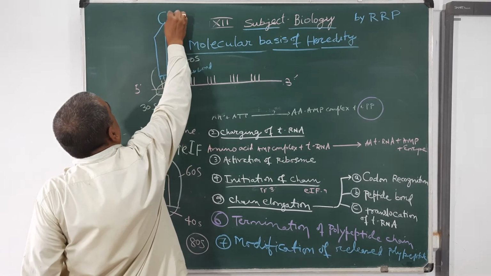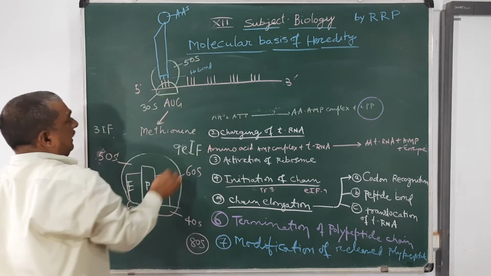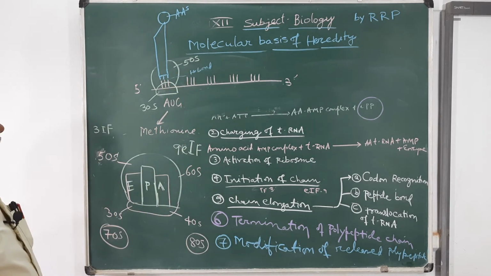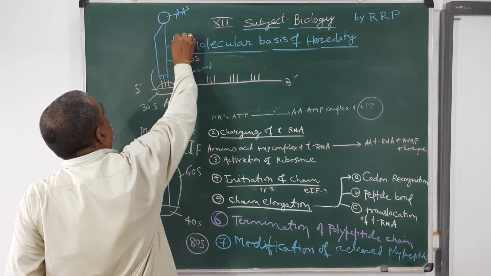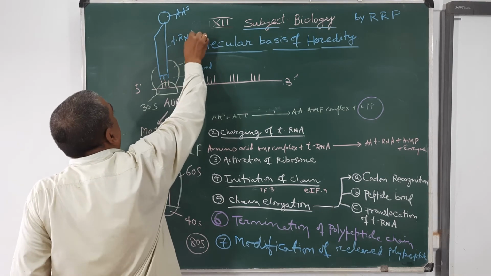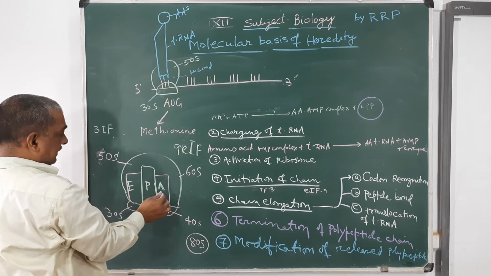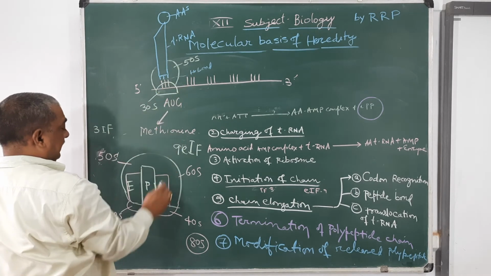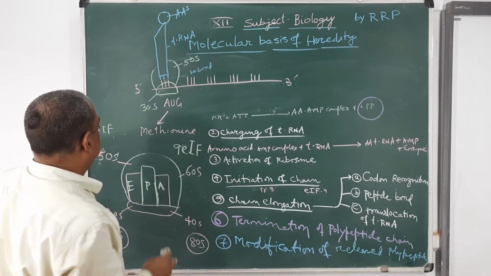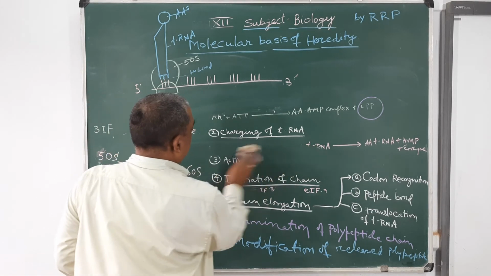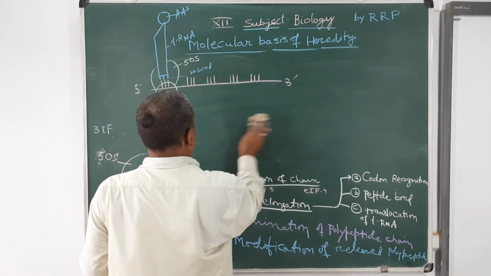Methionine is recognized and carried by tRNA, so this is called activated tRNA. Now this tRNA enters inside the A site or entry site, and later another amino acid comes, where the peptide chain is formed at the P site.